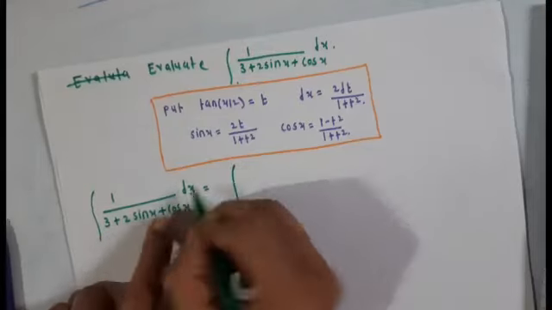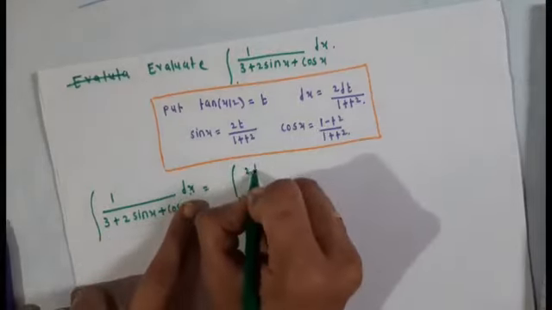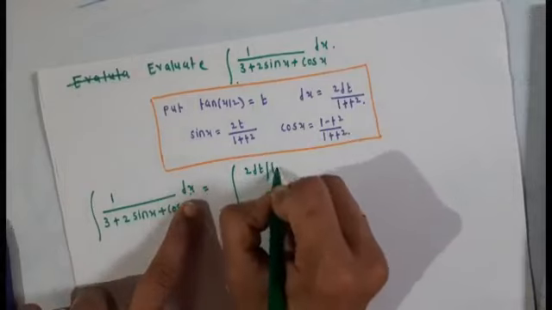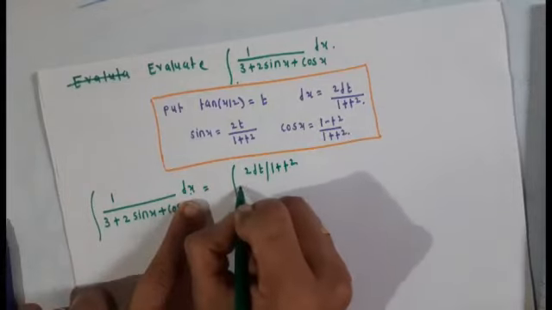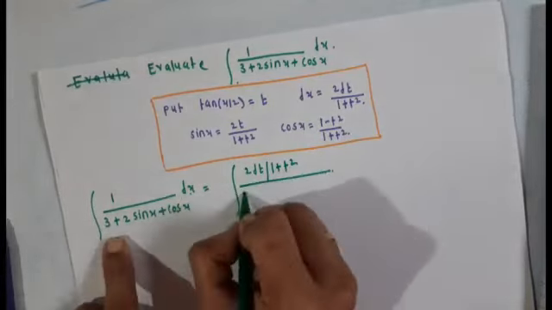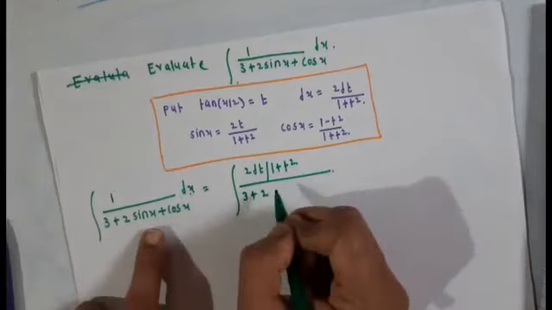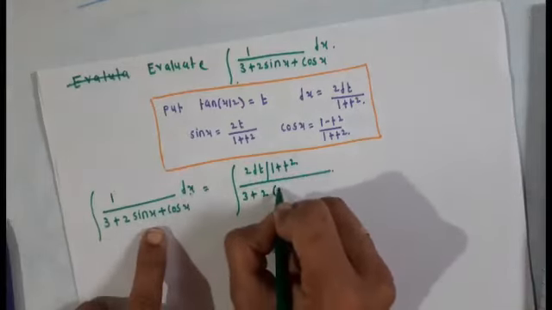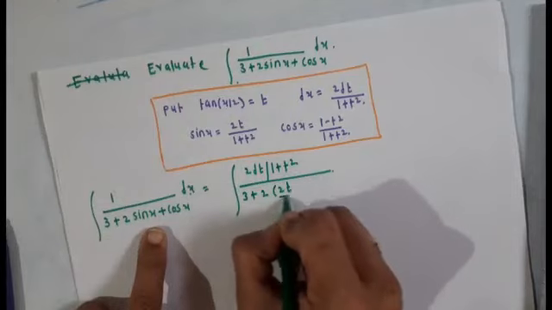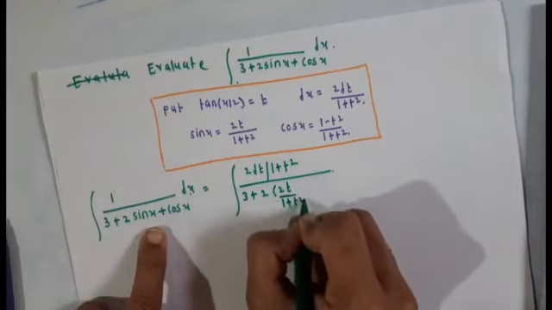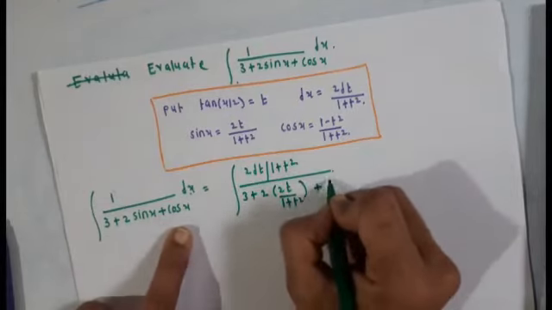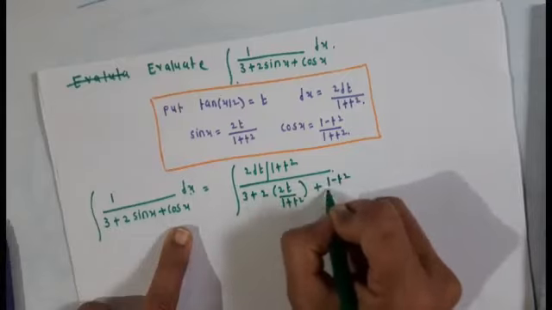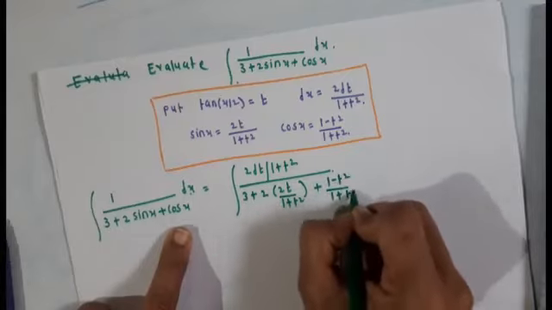Now put the value of dx equal to 2 dt upon 1 plus t square, upon 3 plus 2 into the sine of x, which is 2t upon 1 plus t square, plus cos of x, 1 minus t square upon 1 plus t square.